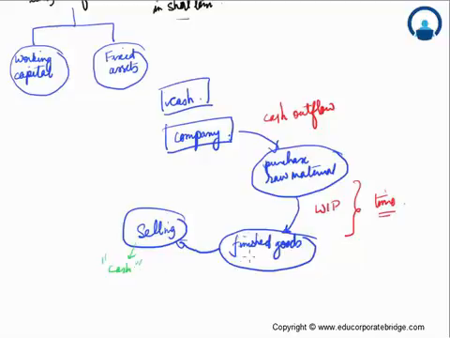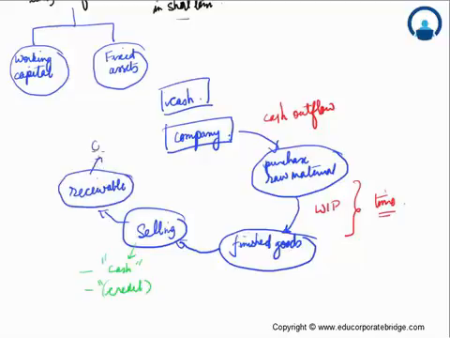This would mean that you have sold the finished product and you have received cash upfront. Or second, it could be credit sales. Credit sales would mean that the client or the customer will pay you after a certain point in time. So if this was a credit sale, it would lead to the formation of receivables, and these receivables will finally convert into cash after a certain point in time.